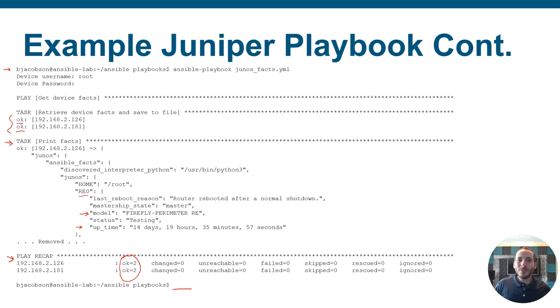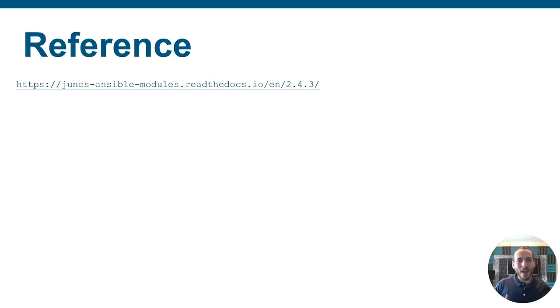Great. I will also give you a reference here to an information source that I personally use very often when I am developing Ansible playbooks, and that's the Read the Docs page on Ansible modules, Junos Ansible modules. This is really great. At the time of this recording, 2.4.3 is the current version of that page.